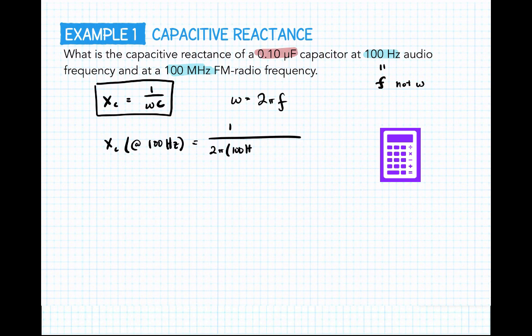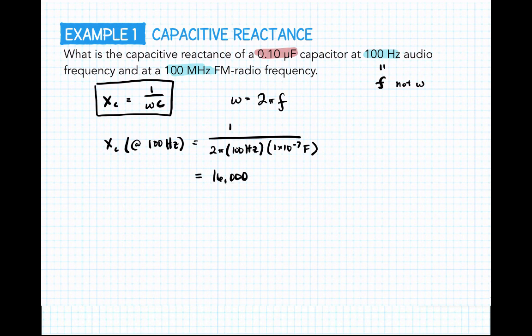That's going to give us a value of 16,000. And what units is this in? Ohms. Remember we can plug it into Ohm's law. So it acts as a resistance.